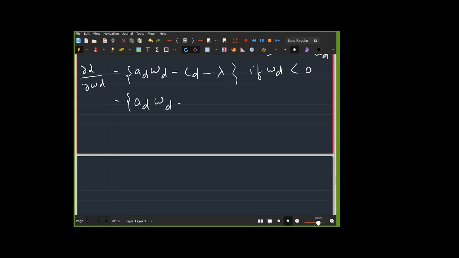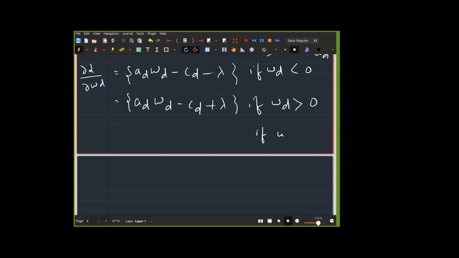So anyway, if I substitute it here, the final answer which I get looks something like this, which is the gradient of the loss function with respect to WD. It equals AD WD minus CD minus lambda if WD is less than 0. It will be equal to AD WD minus CD plus lambda if WD is greater than 0. These things are simple.